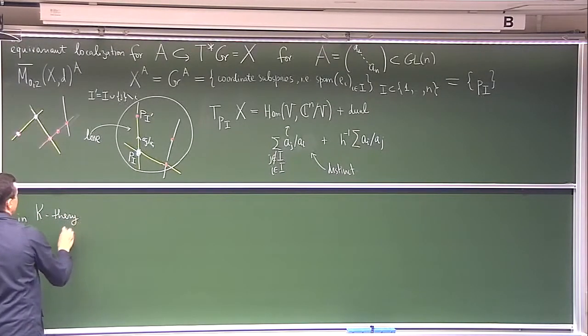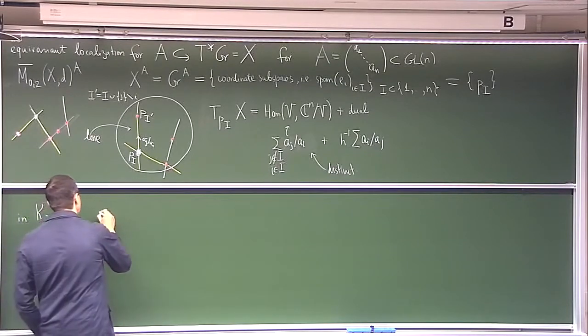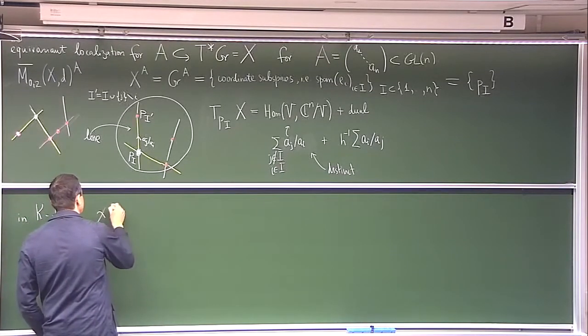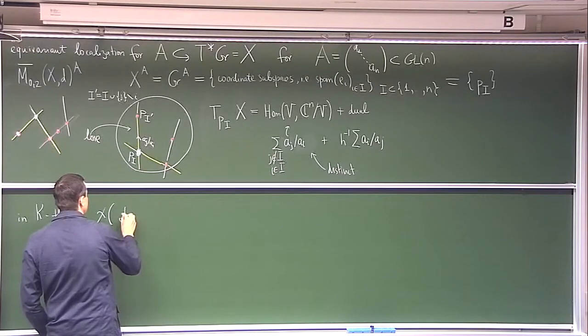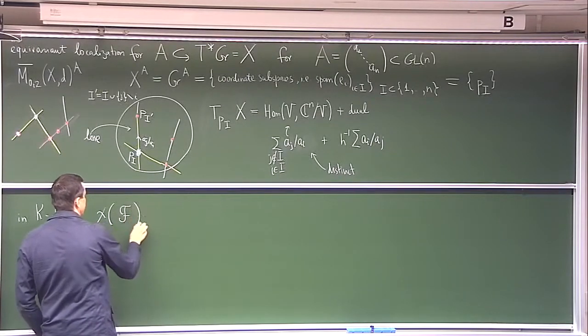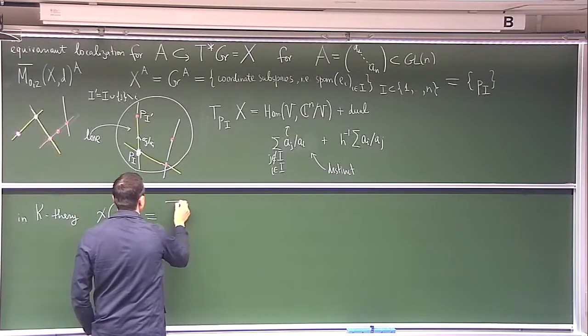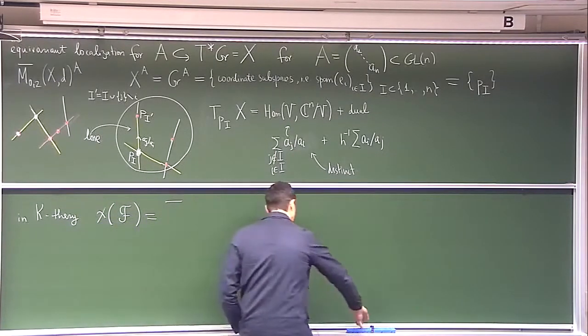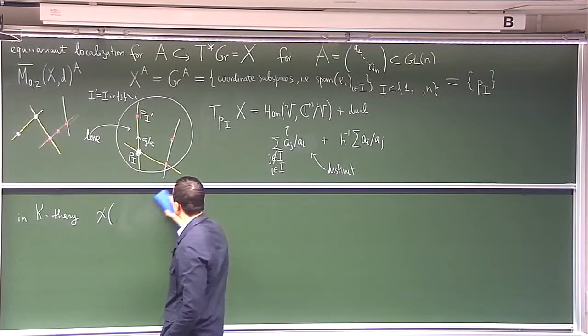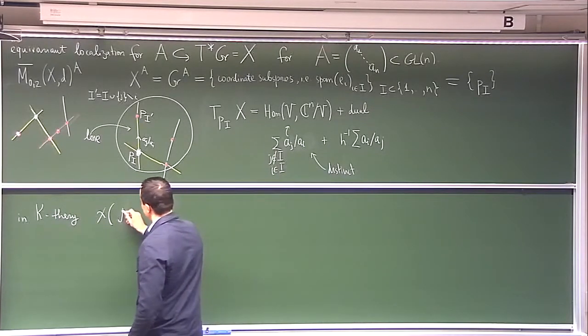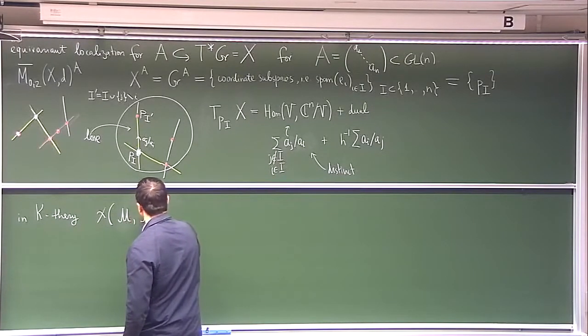Well, in K-theory, if we want to compute the Euler characteristic of some sheaf, we're summing over some variety, which is in this case the moduli sheaf.